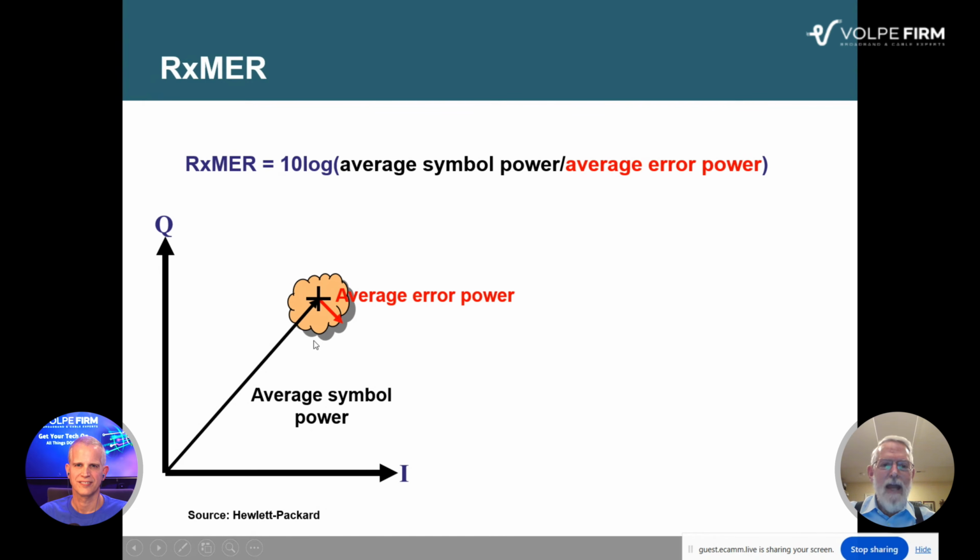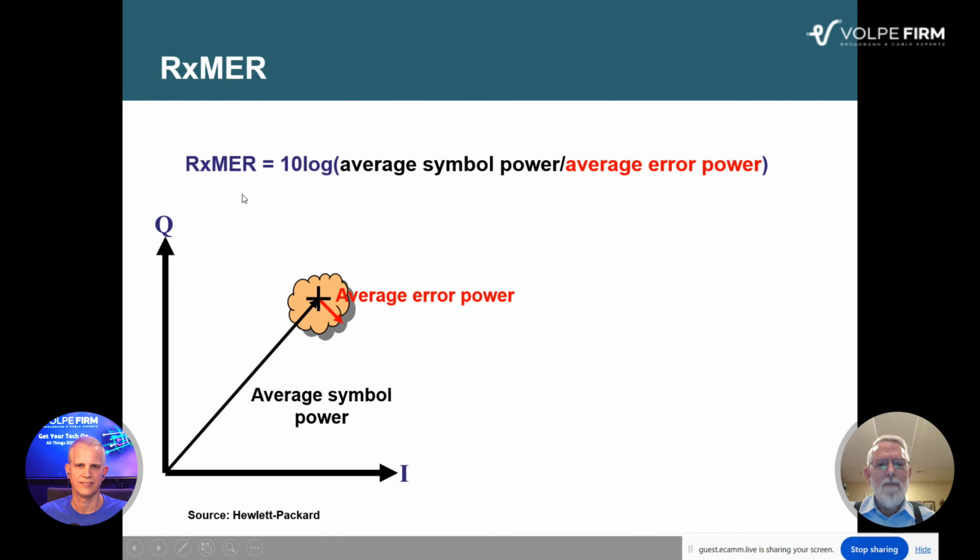But it's spread out a little bit because of the usual noise and other stuff in the signal path between the source and our QAM analyzer. So what we're concerned about here is the average error power, represented by this little red arrow.